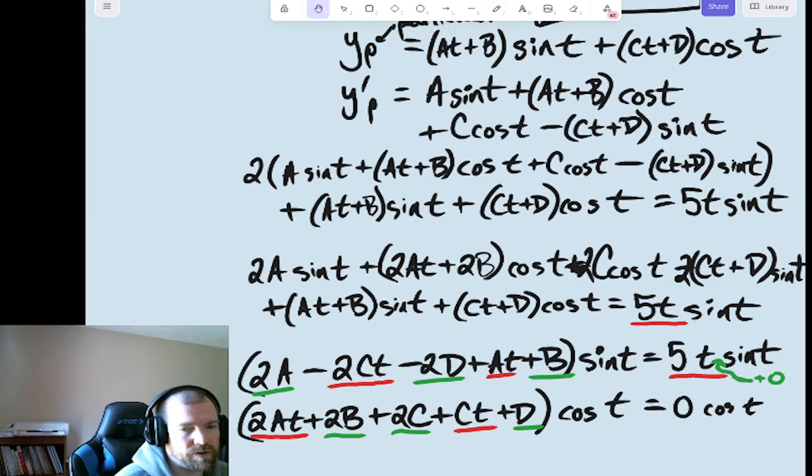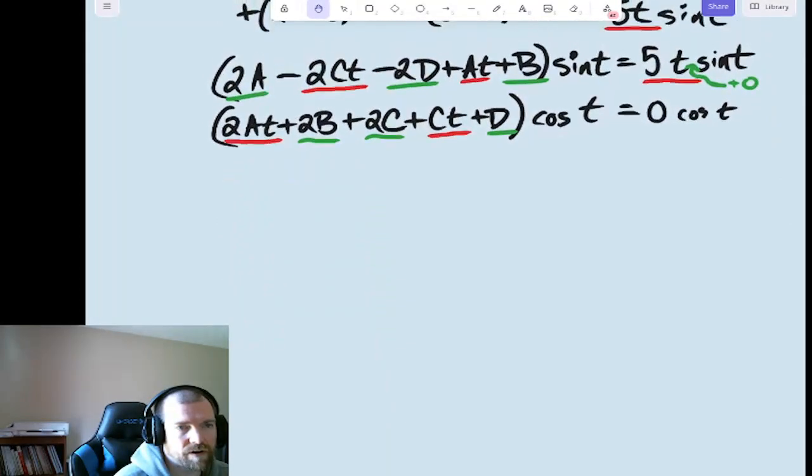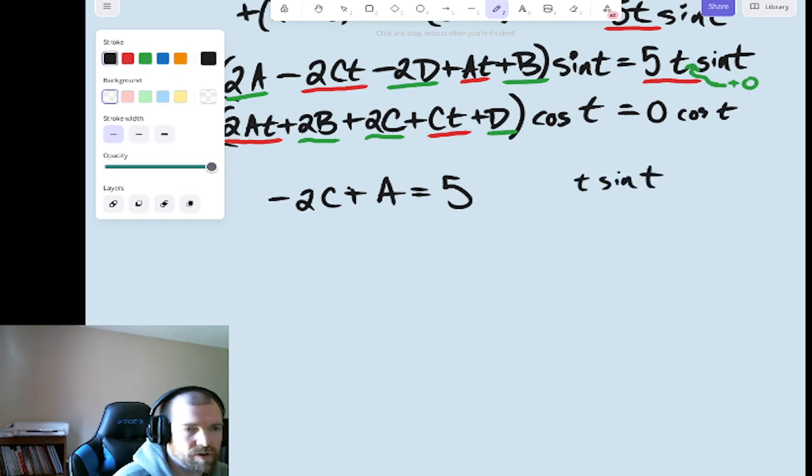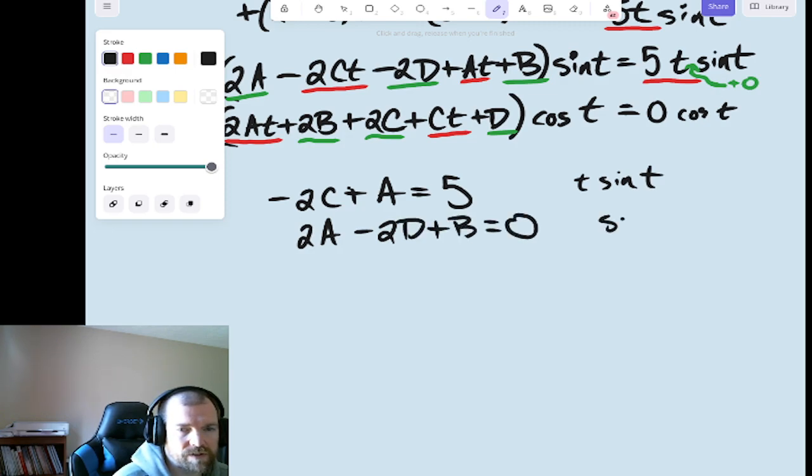So taking those all together, we've got a negative 2c plus a is equal to 5, because again, this is our t sine of t equation. We've got a 2a minus 2d plus b is equal to 0 is our sine of t constant equation.